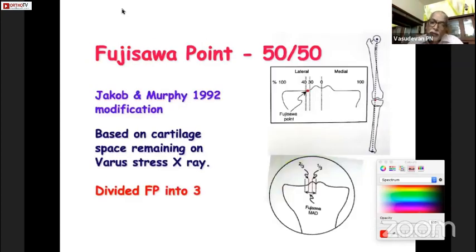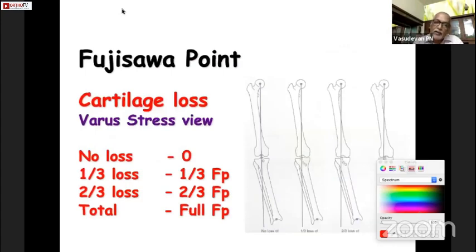So this Fujisawa point has already been described by Mangal earlier, and that is a point where you have 50-50 loading on either side. And as Mangal said, when you take an X-ray in a stress view, you assess the cartilage space, how much space is remaining on the X-ray. And based on that, we shift the mechanical axis to the future mechanical axis at either 1/3, 2/3, or full Fujisawa point.